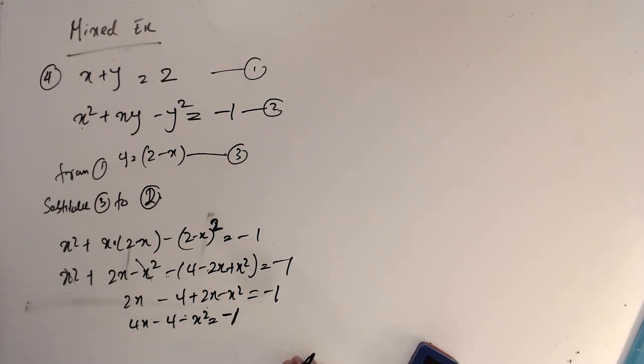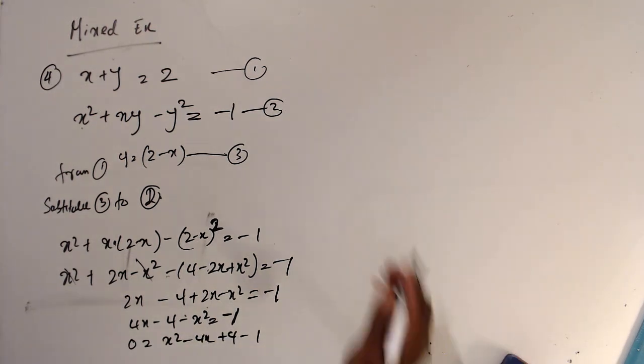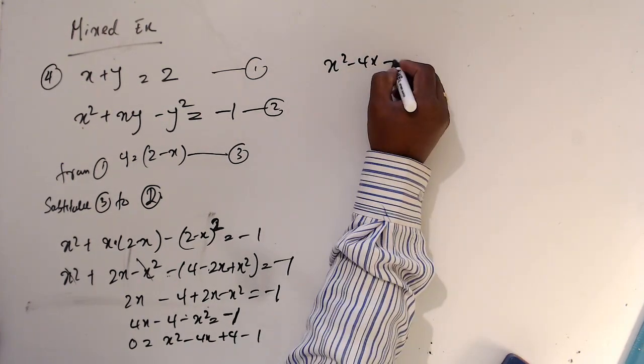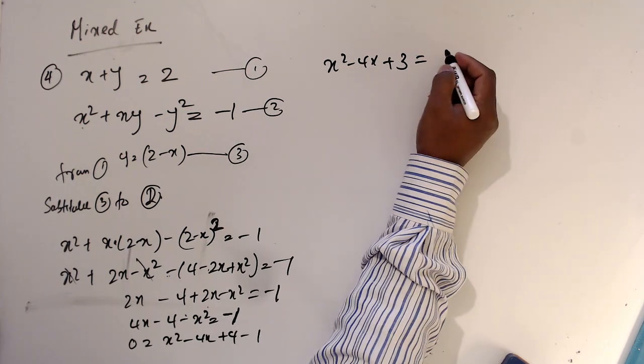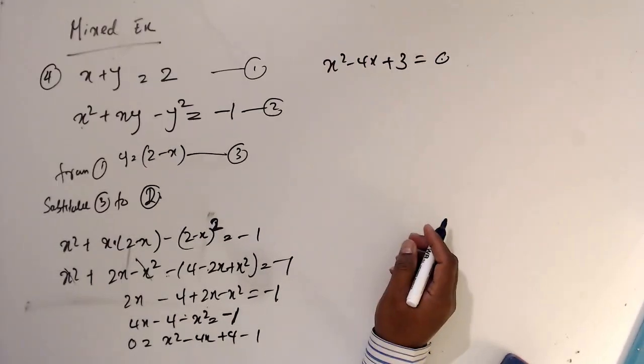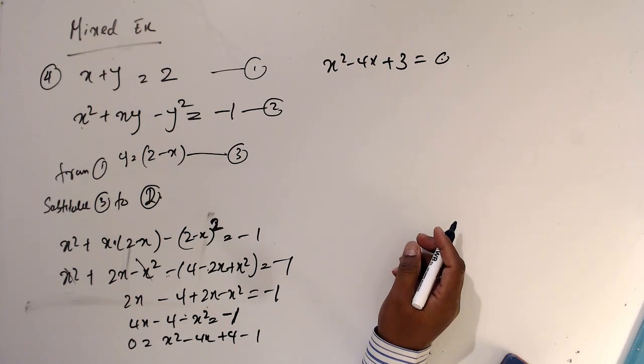Now I'll take everything to this side. 0 equals x square minus 4x plus 4 minus 1, which will give x square minus 4x plus 3 equals 0. Let me check now whether the calculation is right.